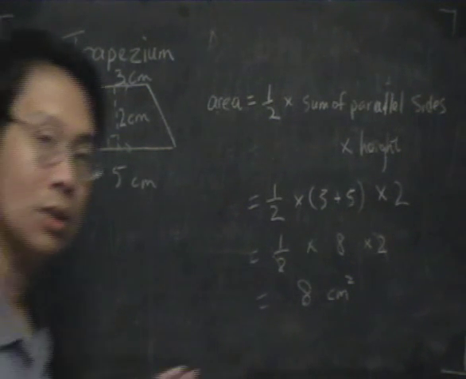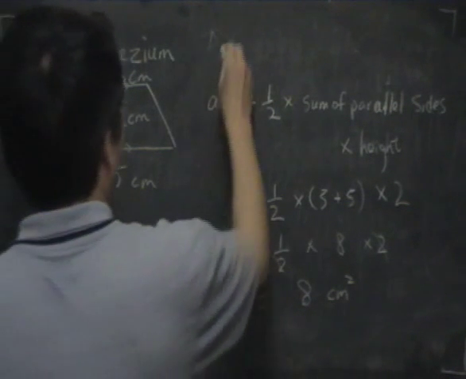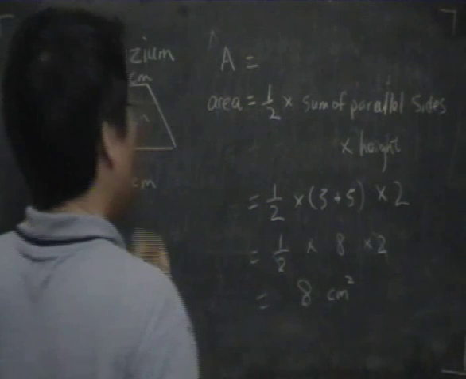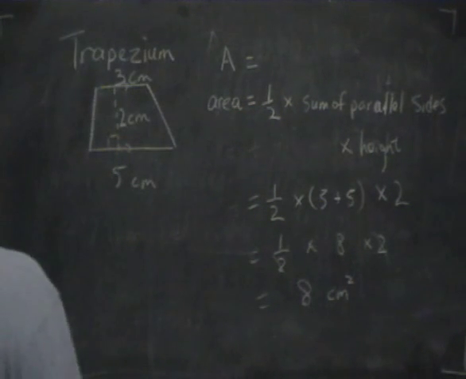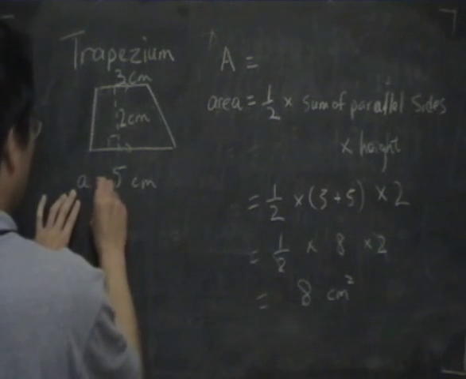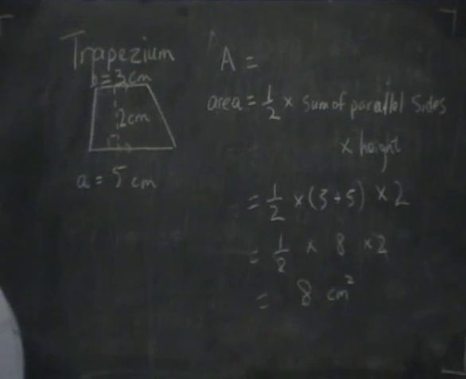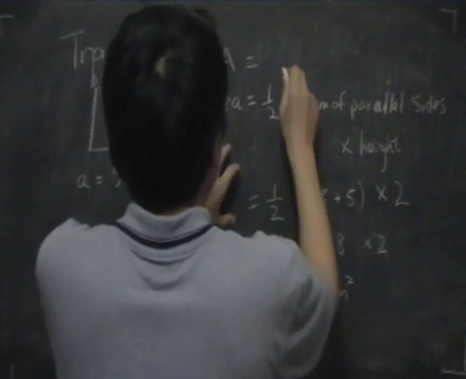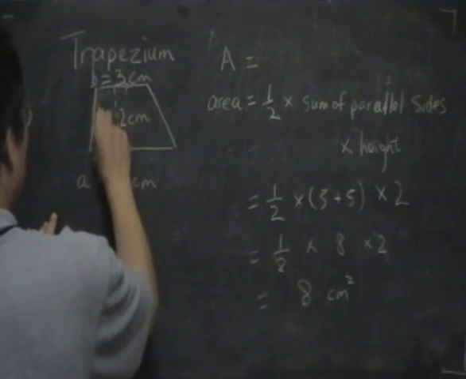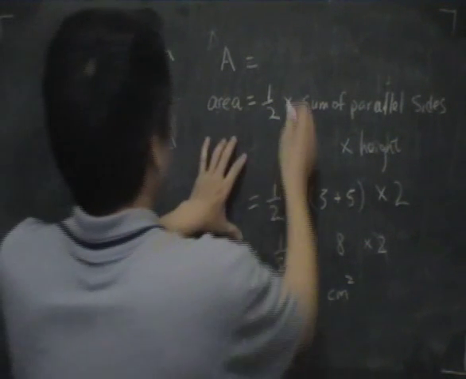And let's make a simple formula for that. Let me call the area A. Now the parallel sides, let me call one side A and the other side B. And let me call the height H. Right, so the formula looks like this.